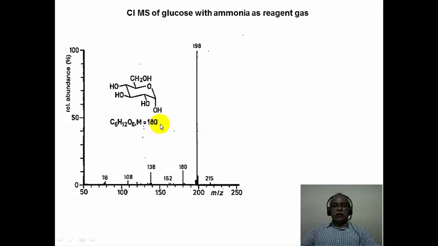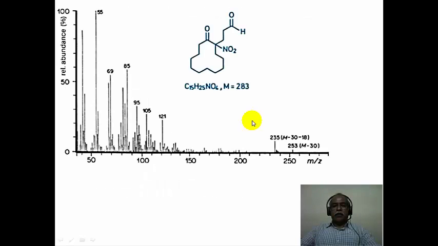What you see is 18 mass units more than the molecular weight, corresponding to the ammonium ion adduct of glucose, which is registered as the molecular ion peak in this particular case. A very small amount of the 180 peak is also formed in this process, but essentially the molecule plus the ammonium ion adduct is registered as the base peak in this particular case.